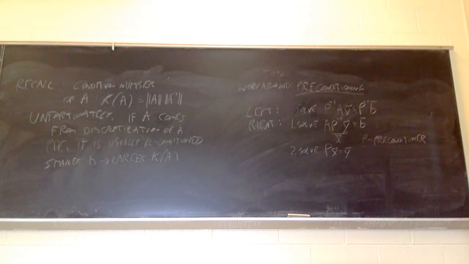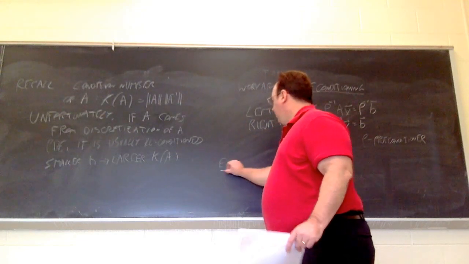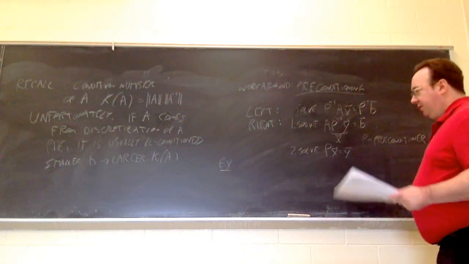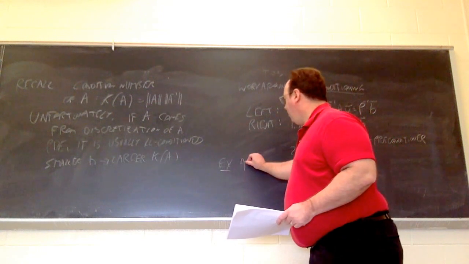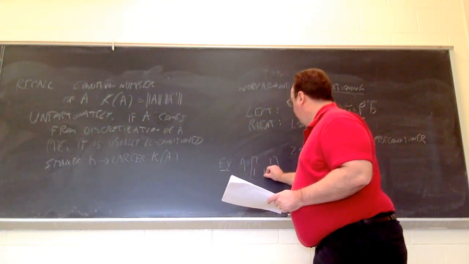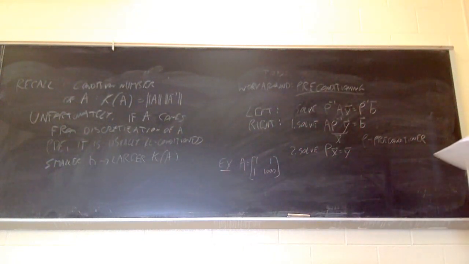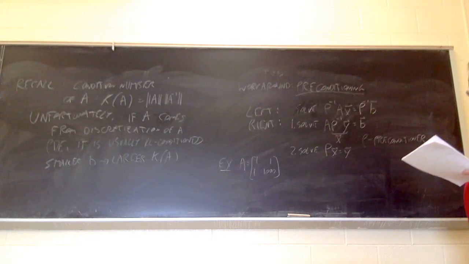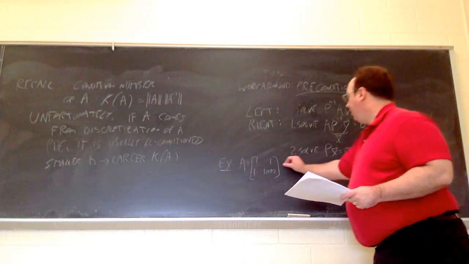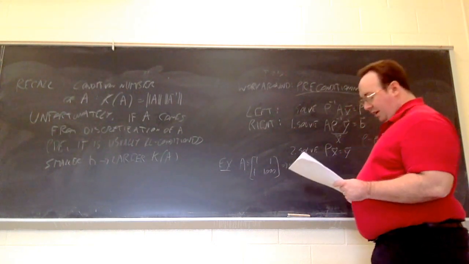Okay, so I can give an example of how well preconditioning can work, just with a simple 2 by 2 matrix. So even a small matrix can be very badly conditioned. So the condition number of this matrix in the 2 norm.